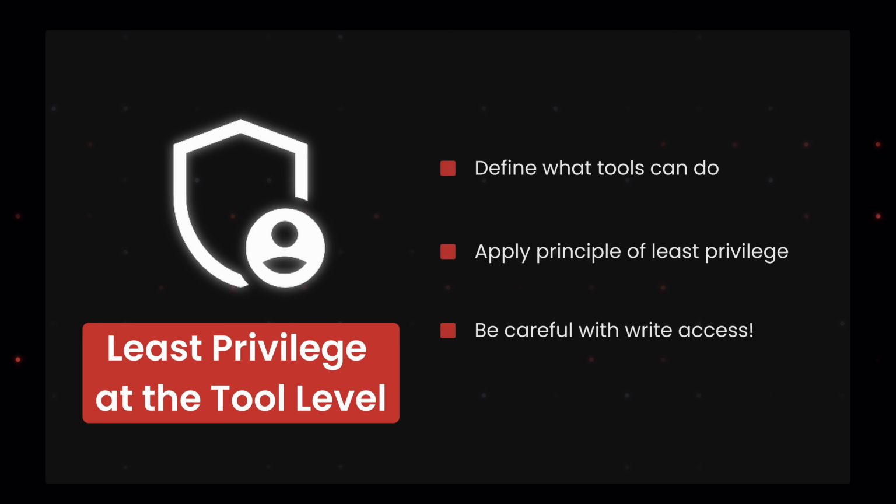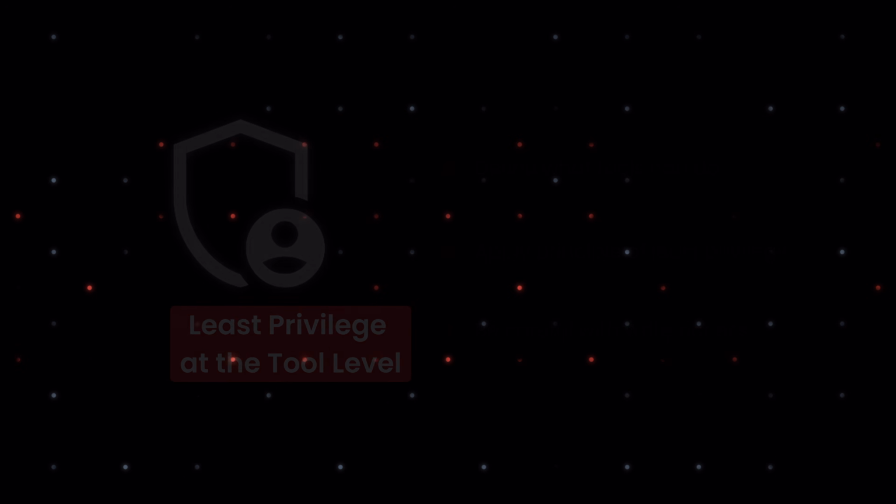Control 2 is least privilege at the tool level. Your threat intelligence MCP server doesn't need write access to anything. Define explicit allow lists for what each tool is permitted to do. If a tool doesn't need network egress, it shouldn't have it. An agent doing IP lookups should not also have write access to your MISP instance.